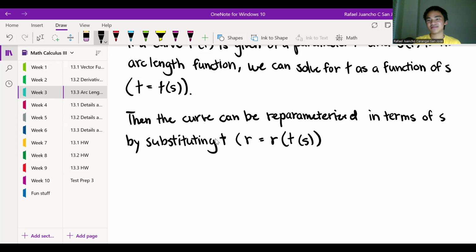We have S, and then we can get t, and then we can use that t to find a new vector function.